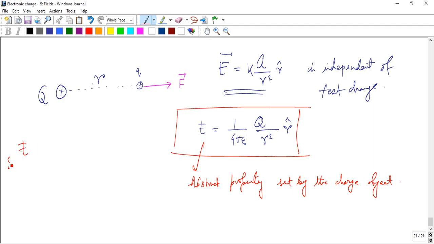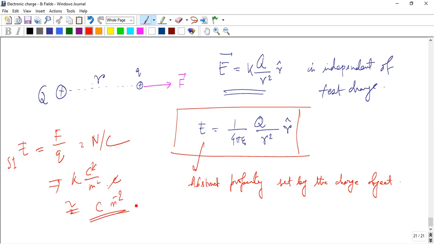The SI unit is F by Q, also called Newton per Coulomb. You can also say that F equals K C square by meter square, and with some C, the C cancels. So the unit is Coulomb per meter square. That's also the SI unit of the electric field.